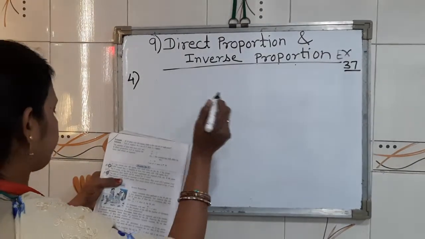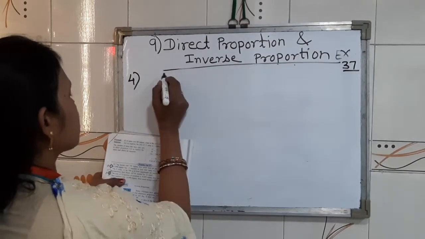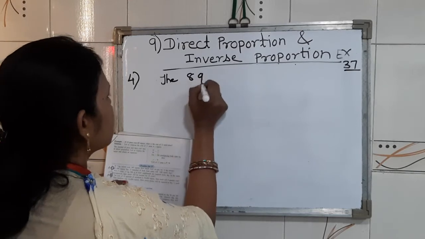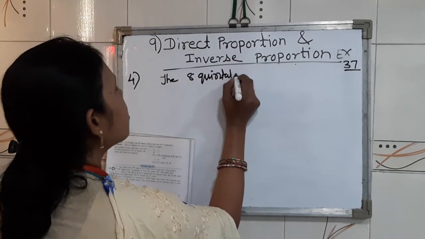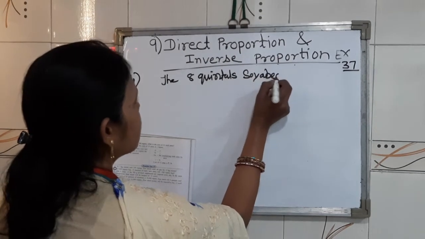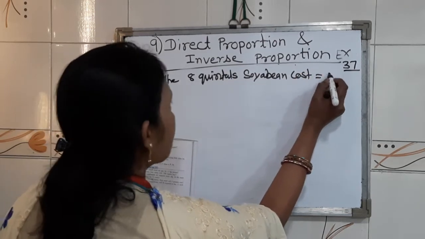Therefore write down the 8 quintal soybean cost equal to X rupees.